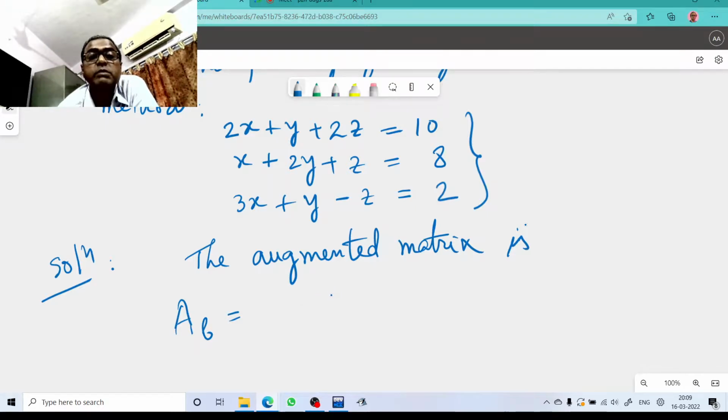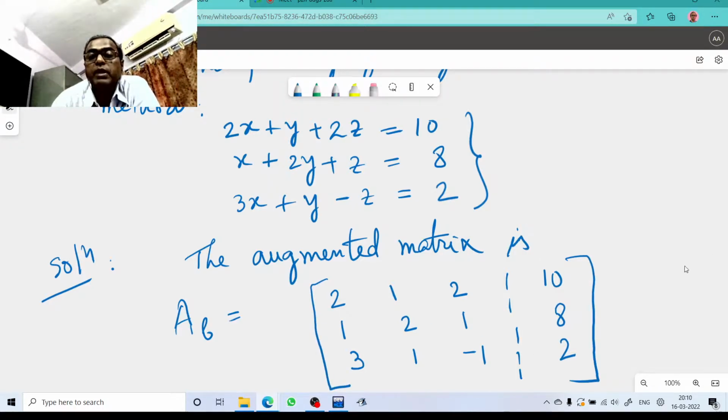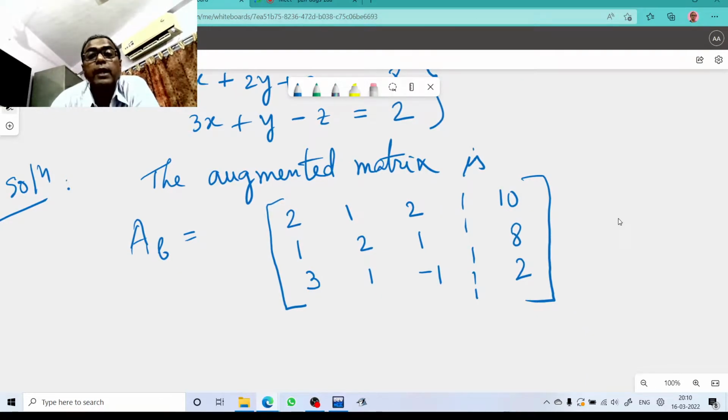This is the coefficient matrix 2, 1, 2, 1, 2, 1, 3, 1, minus 1, and this is the vertical line between the coefficient matrix and the right hand column vector 10, 8, and 2. This is the augmented matrix, coefficient matrix capital A and the right hand column matrix B.